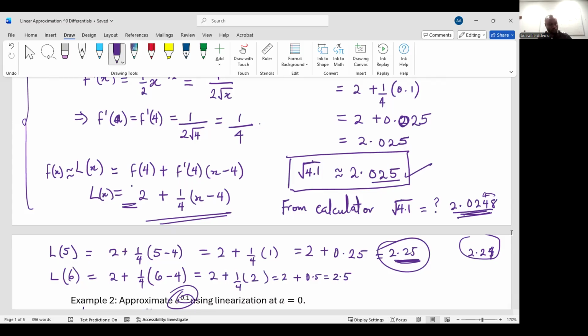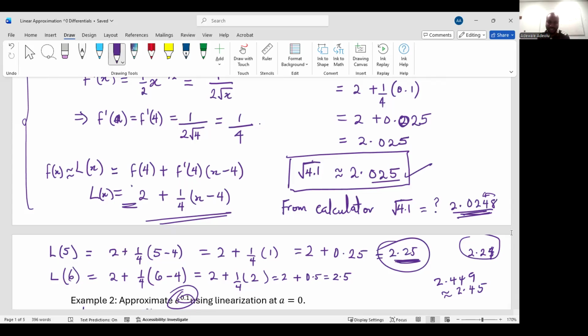We have 2.449, which is approximately 2.45. Here 2.5. It is still close, but we can see now that there is error. The error is increasing as we get farther and farther away from that 4.